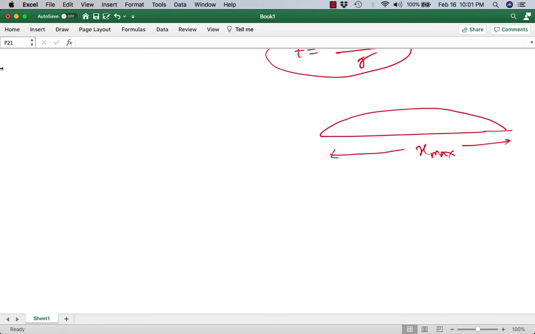So to find that, we have this formula for velocity. Velocity is delta x over delta t.